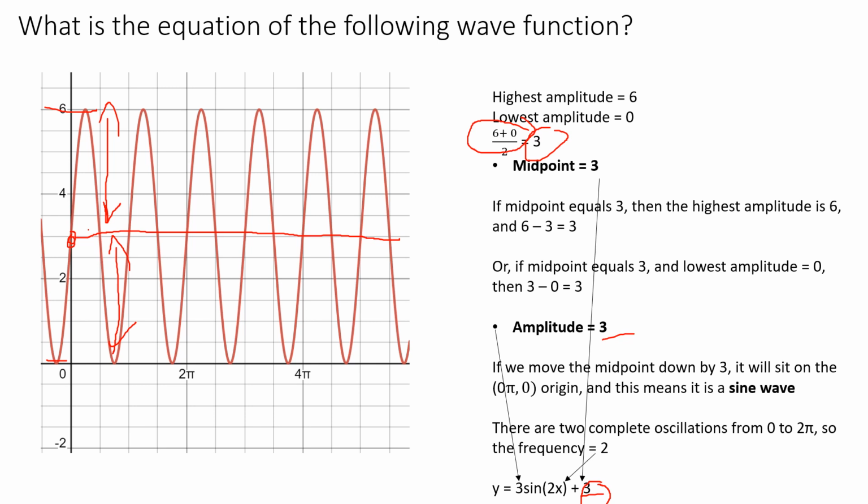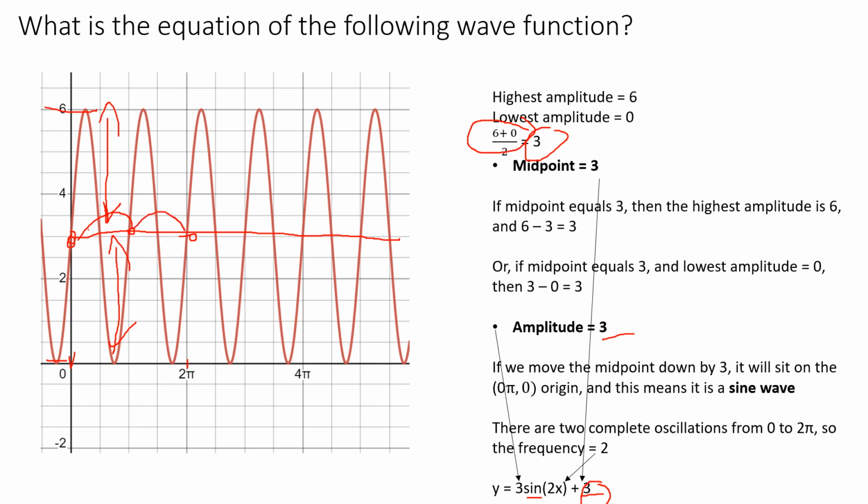Now, the other thing we've got to find out is the oscillations. Like I said, it starts at 0, so we know it's a sine wave. So we know it's sine right here. It's plus 3. And then here's 2 pi right here. How many complete oscillations does it make? Well, there's 1, there's 2.